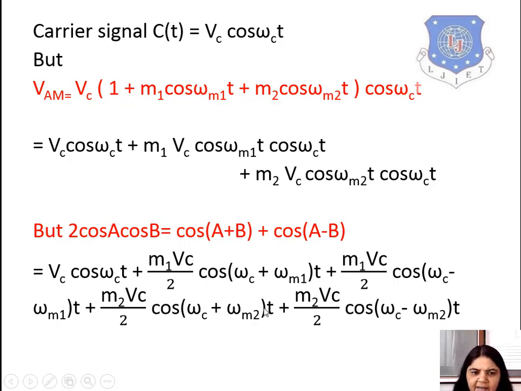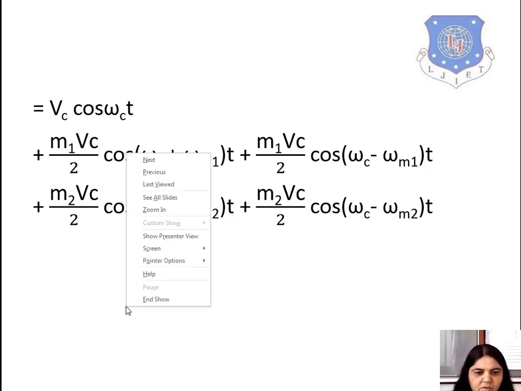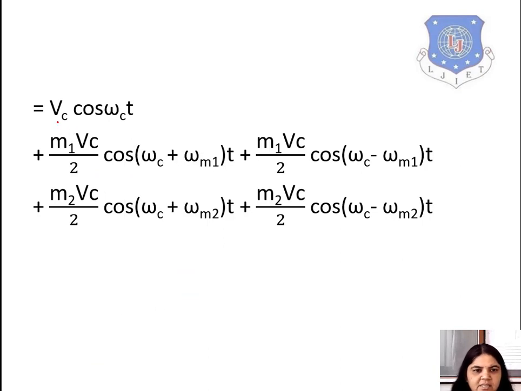Here you can see that the carrier signal is the same, only the information signal changes. So this is my equation, with m1 Vc by 2. Now I can say what this is: it is the carrier signal. This is my upper sideband 1.